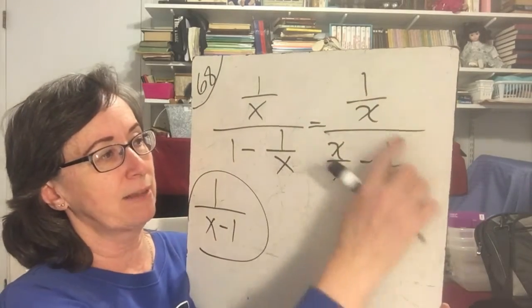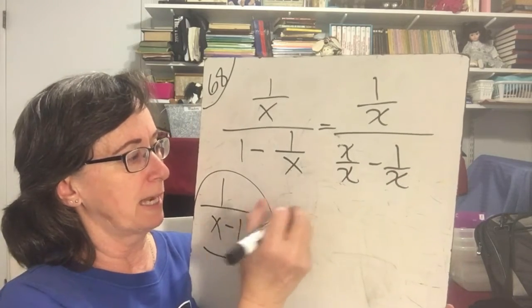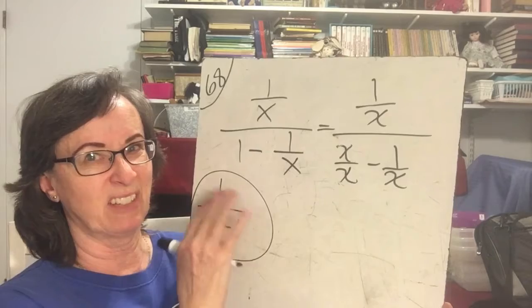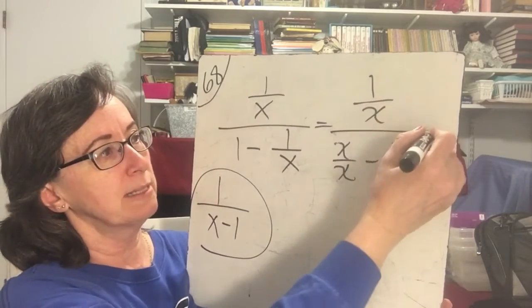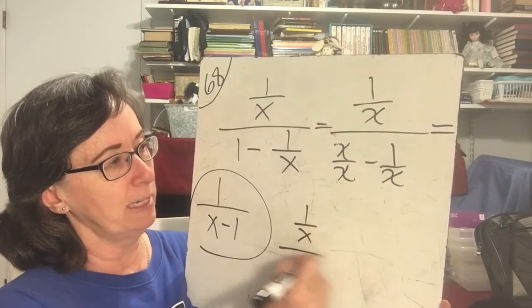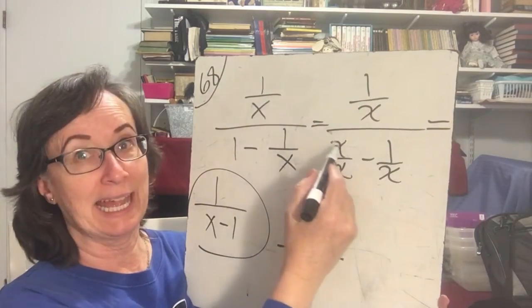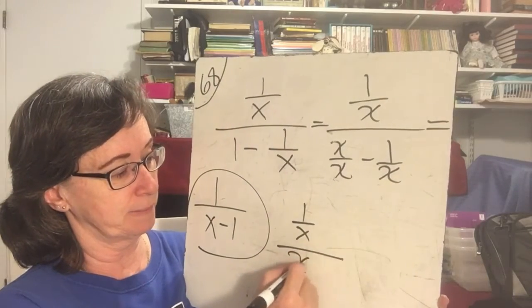Now, since these have the same denominator, can I put them together? This was my old answer, I'm just leaving it there. Which means that I'm going to get 1 over x divided by, now that I have the same denominator, x minus 1 over x.